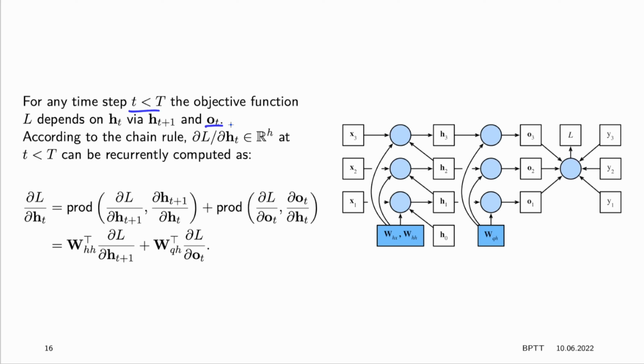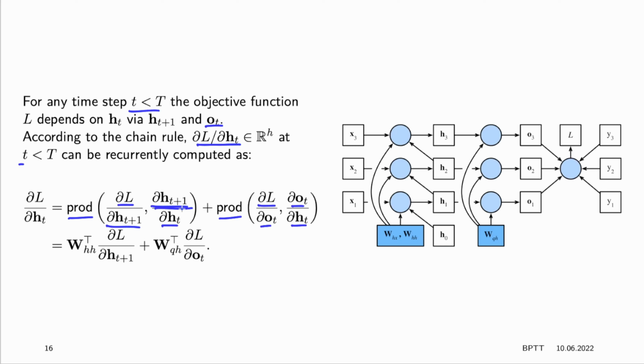According to the chain rule, the derivative of L with respect to H_t at this time step little t can be recurrently computed as the product of ∂L/∂H_{t+1}, which it depends on, times the derivative ∂H_{t+1}/∂H_t, plus the product of ∂L/∂O_t and the derivative of O_t with respect to H_t.